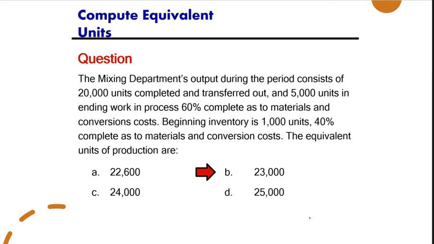So, 60% of 5,000 is 3,000. So, that is equivalent to the 23,000, because this beginning inventory is another one for the next month or the next period, together with the earlier ones. Okay? So, are we clear on that, guys?